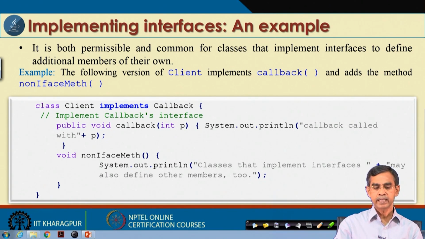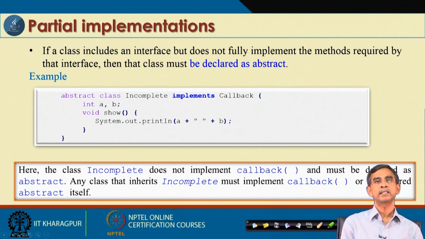So, this is the idea about implementation of the interface by means of a class, and Java also allows partial implementation. Suppose in an interface there are two methods and you implement this interface by means of a class with only one method, then this class can be treated as an abstract class.